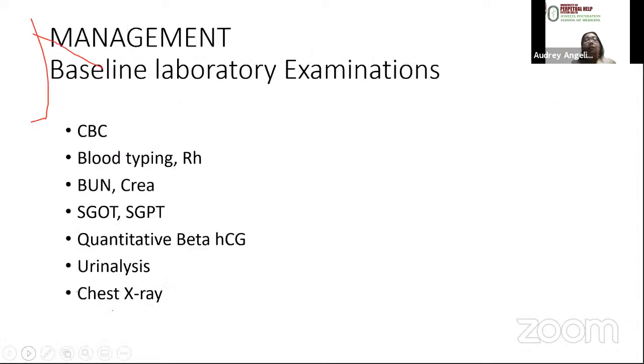Okay. Management starts with baseline laboratory examinations. These are primarily for vaginal bleeding, for potential blood transfusion, and for potential complications such as preeclampsia, thyroid storm, and the like.